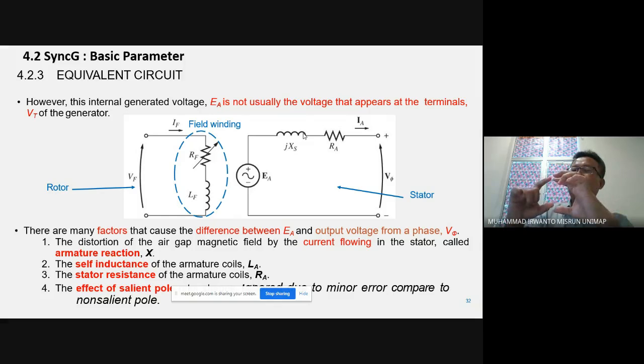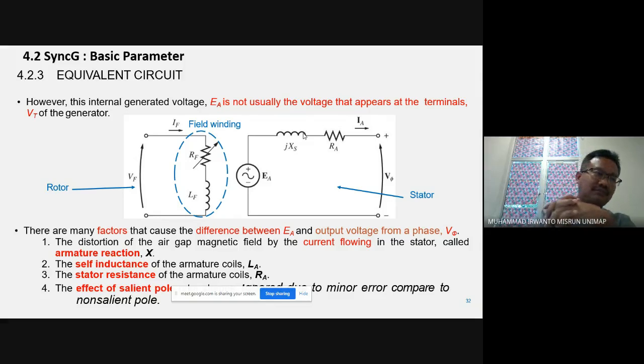The terminal voltage is given the symbol V phi or VT, and the internal generated voltage is given the symbol EA, in the condition the synchronous generator is connected to the load. Remember, terminal voltage is not equal to internal generated voltage.